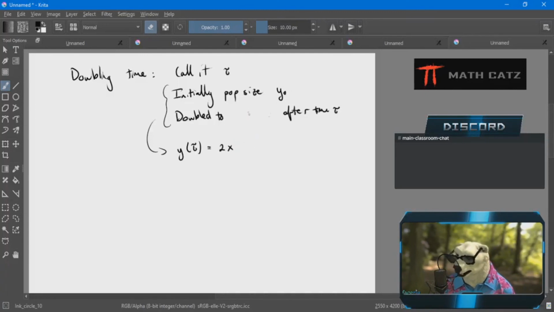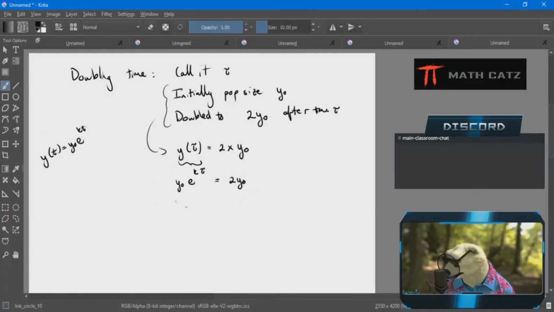It doubled to 2 times y0. I can then simplify the left-hand side because I know the function. The function is my exponential growth function, y0 e to the kt. So now for this specific time value that I'll just call tau, to remind myself it's a specific time value, I have y0 e to the k times tau equal to 2 times y0.